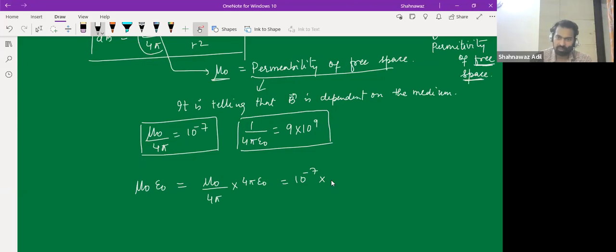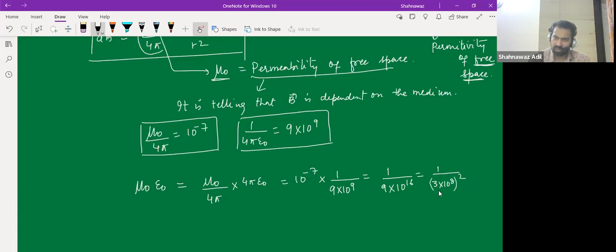So this would be 1 by 9 into 10 to the power 9. Is that correct? So this is 1 by (3 into 10 to the power 8) square.